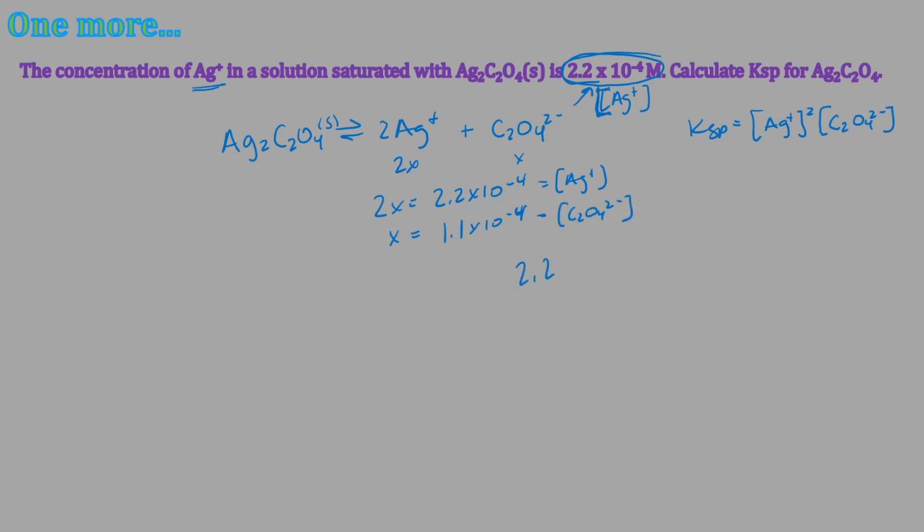So I have 2.2 times 10 to the negative 4th squared times 1.1 times 10 to the negative 4th. And that would give me my Ksp. So all I did was plug this in for silver and plug that in for oxalate into the expression, and I end up getting 5.3 times 10 to the negative 12th.